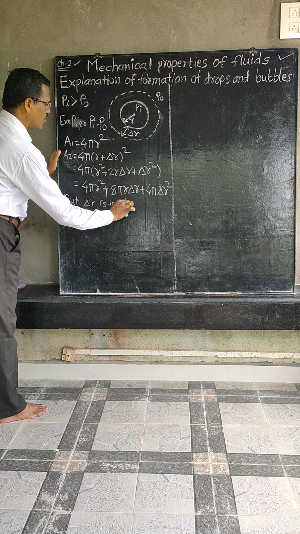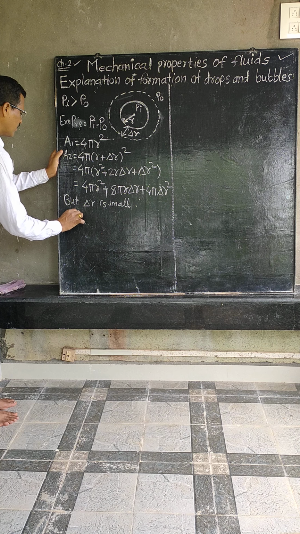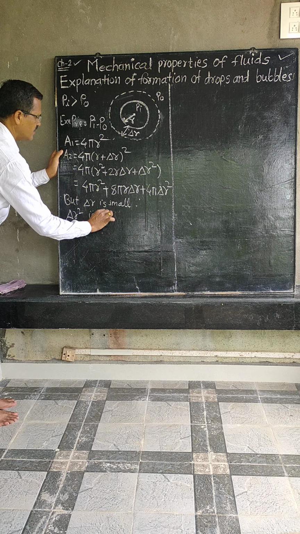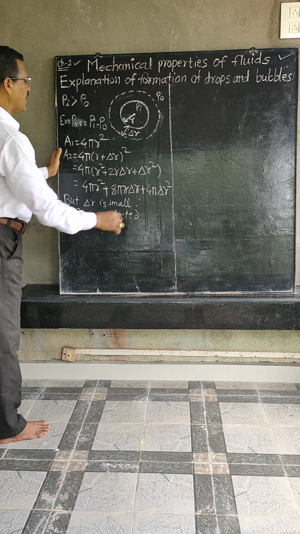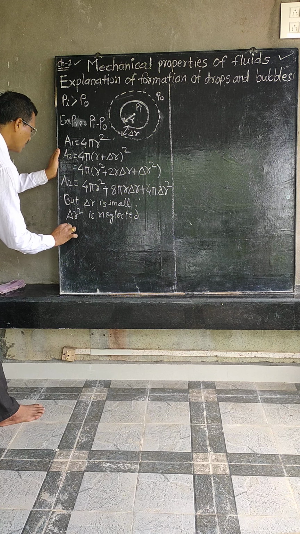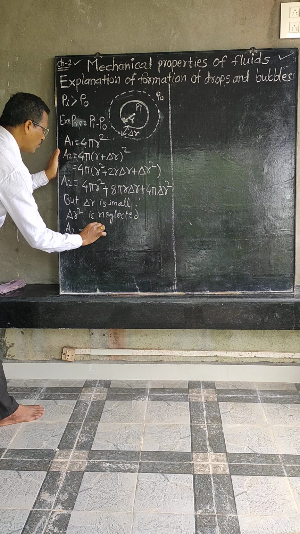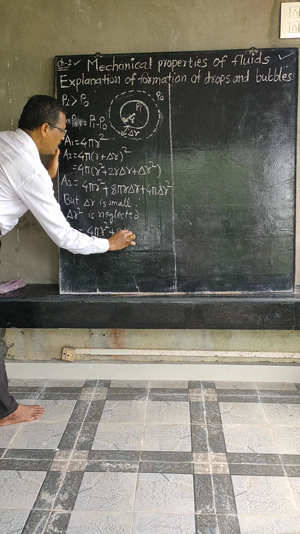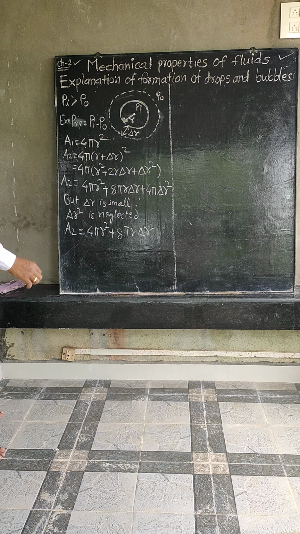But this delta r is very small and therefore we neglect this delta r square. As delta r square is neglected, this final area A2 becomes 4 pi r square plus 8 pi r delta r.